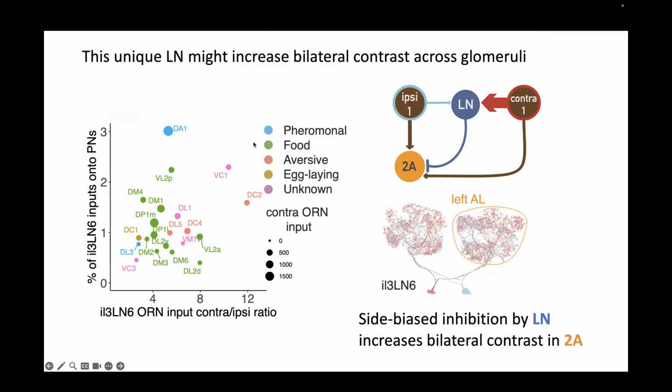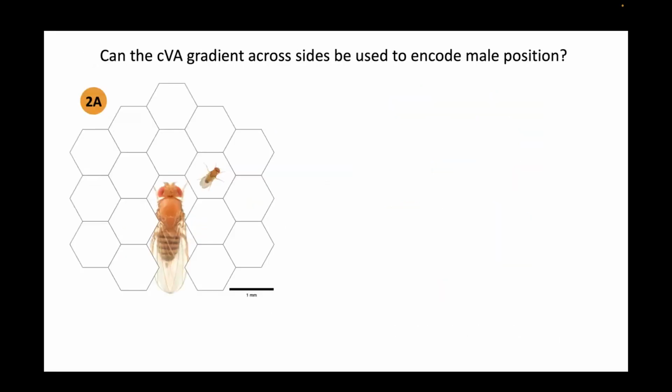So that's this axis. But there are even glomeruli that receive stronger lateralization. And here is the percentage of input onto the second-degree neuron, onto PN. So a lot of glomeruli get lateralized information through this LN, which could increase bilateral contrast across multiple glomeruli.